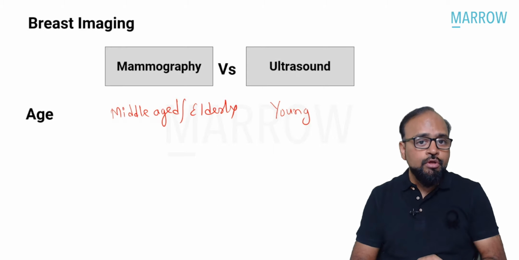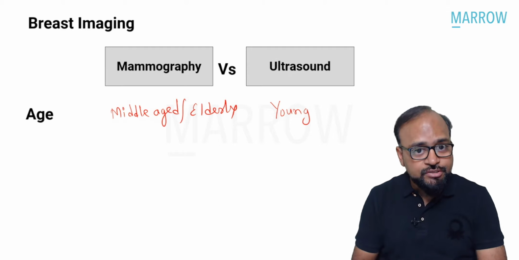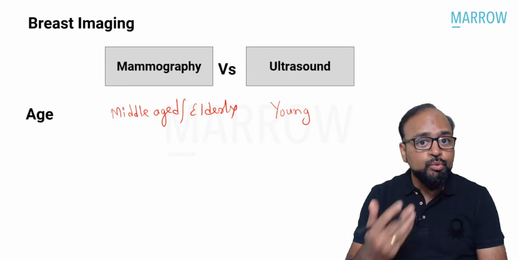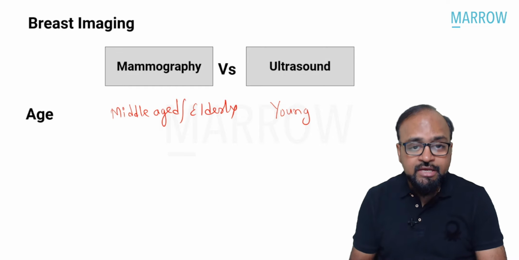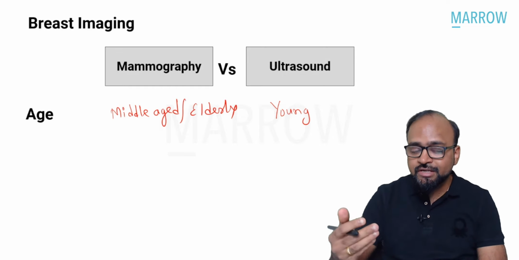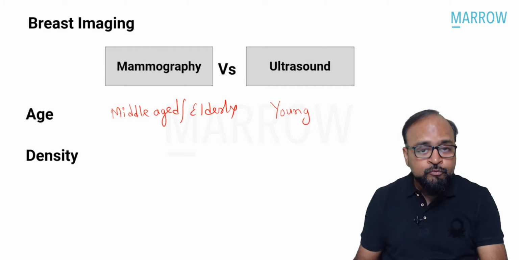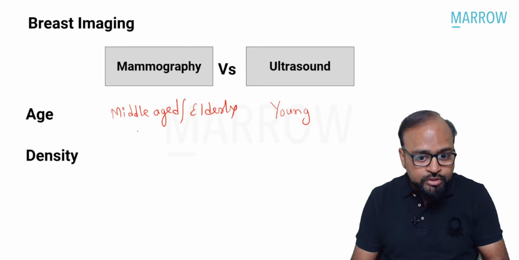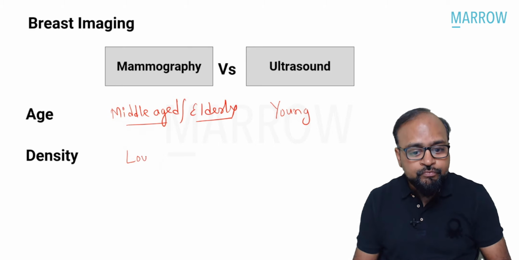Why is it so? Because with age, the density of the breast changes. Age has an inverse relationship with breast density, which means that as age increases, the breast density decreases. And therefore, mammography is best suited for middle-aged or elderly patients who have a low breast density.